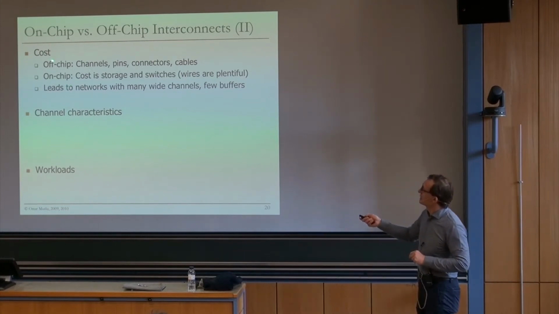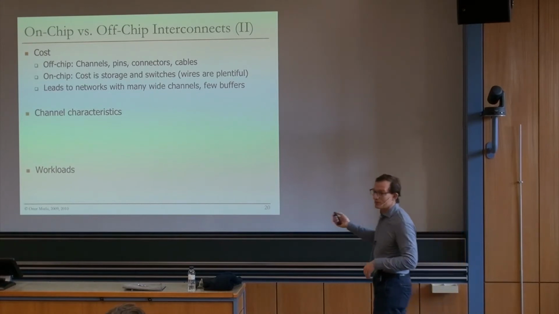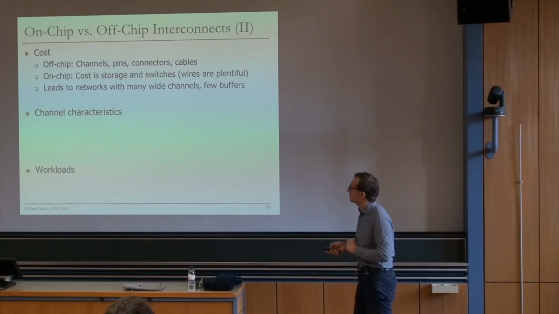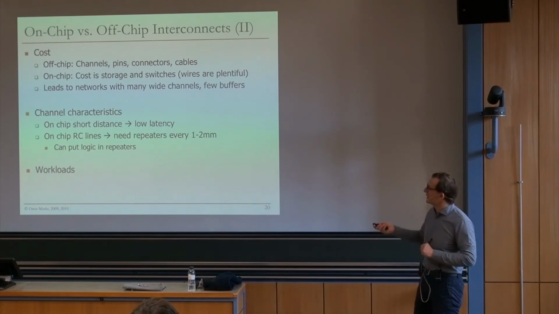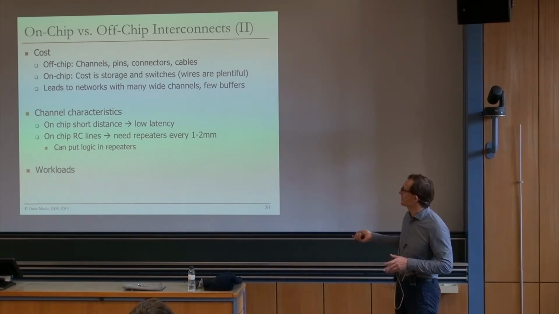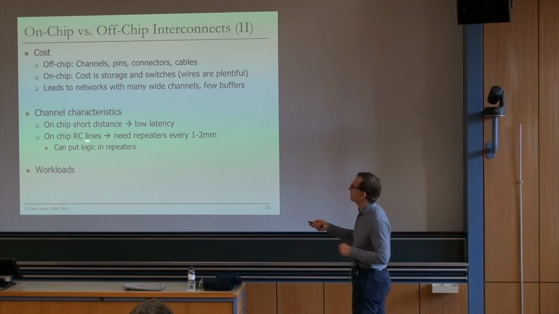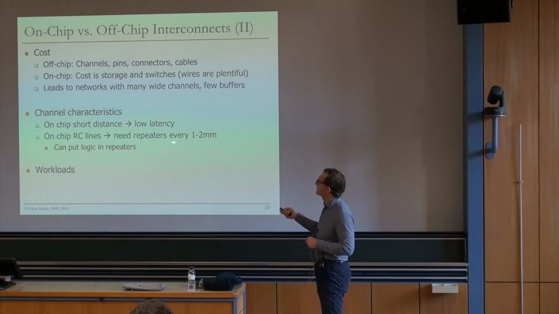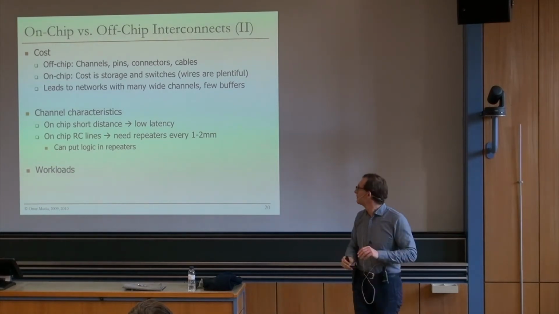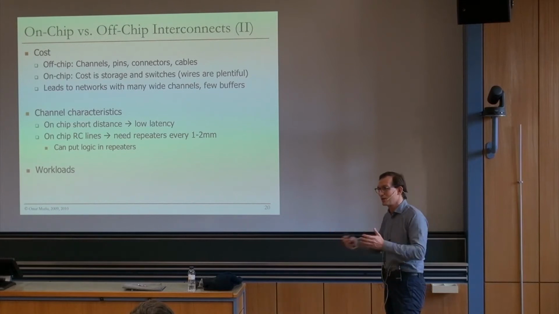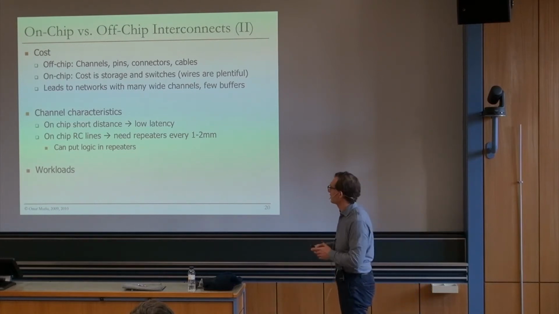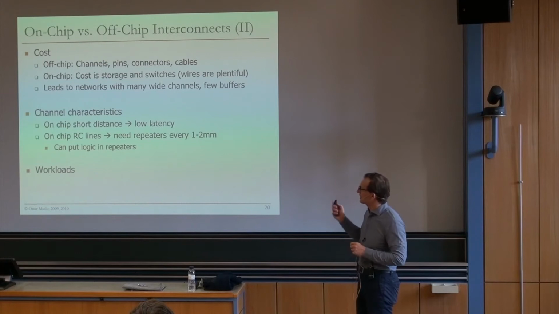So as a result, you have networks with many wide channels and fewer buffers, and we want to get rid of even more buffers on chip. If you look at channel characteristics, on chip the distance is short, you get low latency, and you need repeaters every few millimeters, so that you can actually satisfy the clock rates that are on chip. And you can also put logic and repeaters.